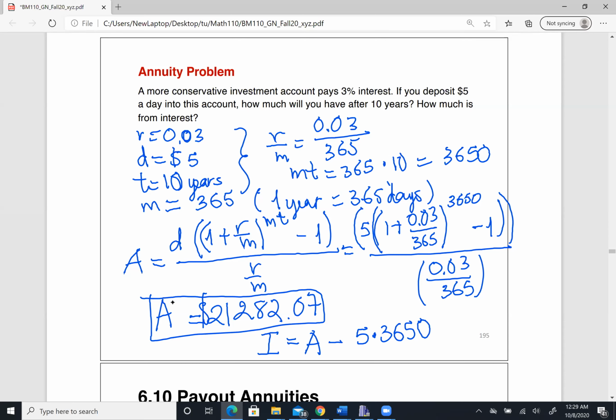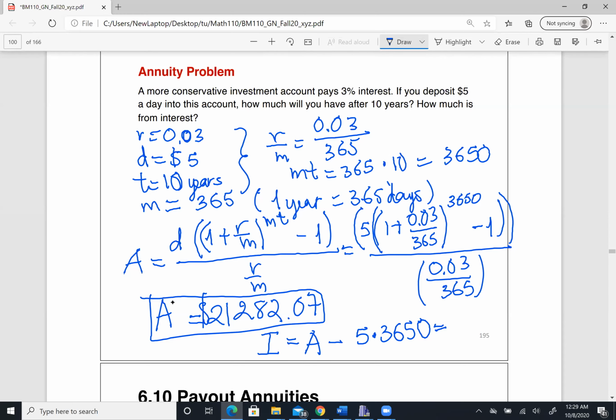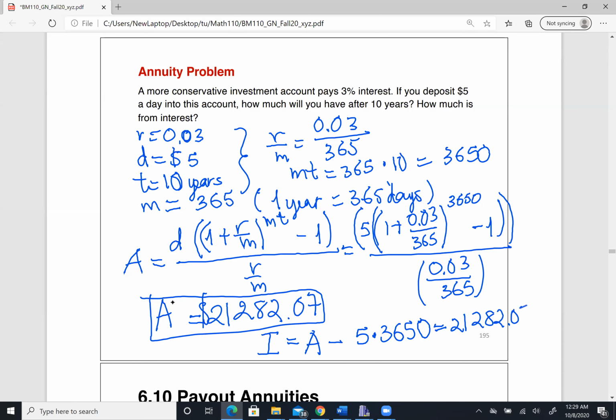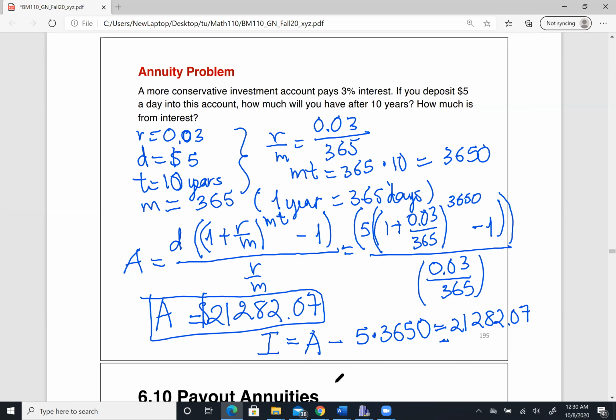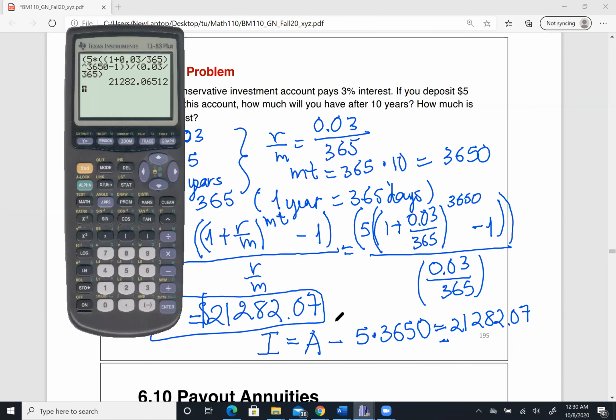So that's going to be 21,282.07 minus that amount.